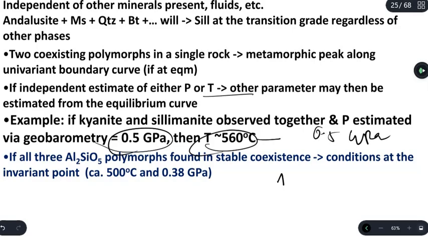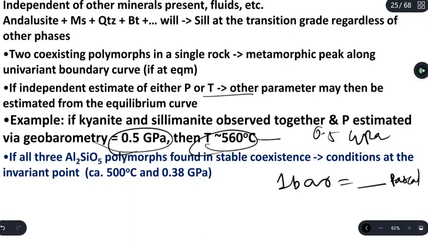Clear? 1 बार कितना पास्कल है बताओ? बताओ, anyone? क्वेश्चन दिया आपको, बताओ. 1 bar equal to 1 pascal. क्या बात कर रहे हो भाई?